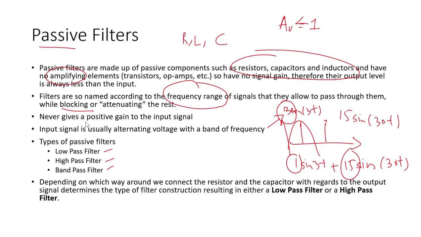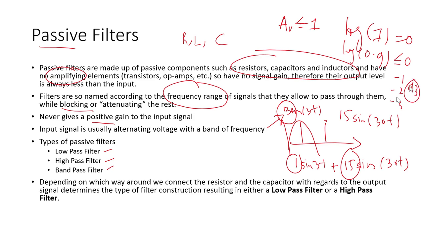Passive filter never gives a positive gain, as this equation says that the log of 1 is 0 and the log of anything less than 1 would be less than 0, so it will be negative. Minus 1, minus 2, minus 3, minus dBs would be the result if we multiply 20 with it.